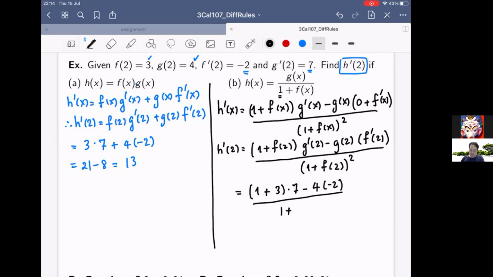So 1 plus f at 2 is 3 squared. So you have 28 plus 8, right? Over 16, okay? So if you want, you can simplify. It is 36, right? So it is 9 over 4, I guess, okay? So you need to check my calculation as well, especially in terms of numbers, okay?